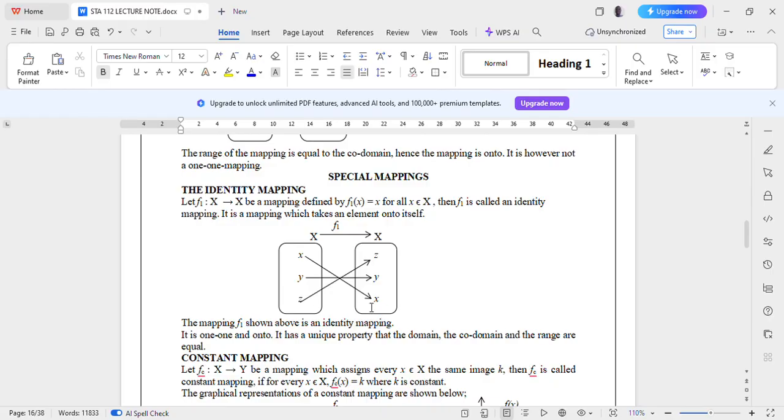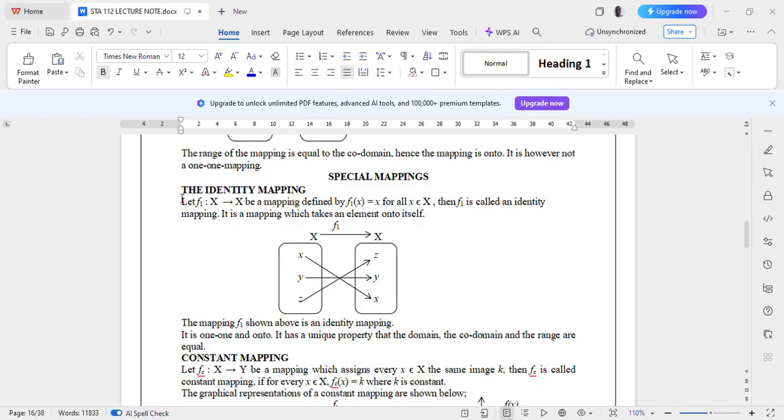This is X to X, Y to Y, Z to Z. A perfect example of an identity mapping is this: minus 1, 0, and 1. If you look at it, minus 1 is taken to itself, 0 to itself, 1 to itself.